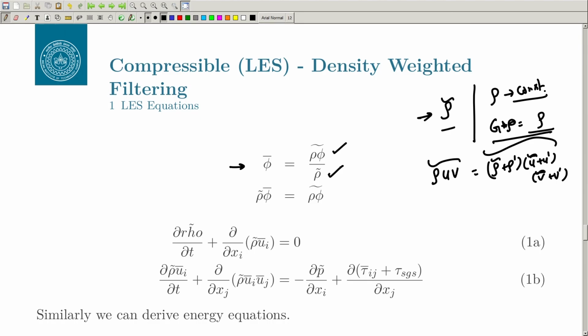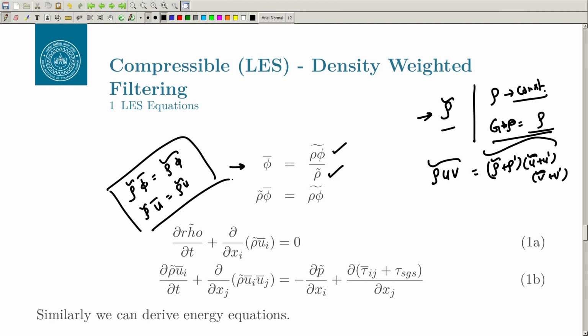So, your rho bar phi tilde is equal to the filtered rho phi, and this phi can be u, v. So, rho bar u tilde is equal to the filtered rho u. This idea is directly borrowed from the RANS derivation of compressible equations for compressible flows.